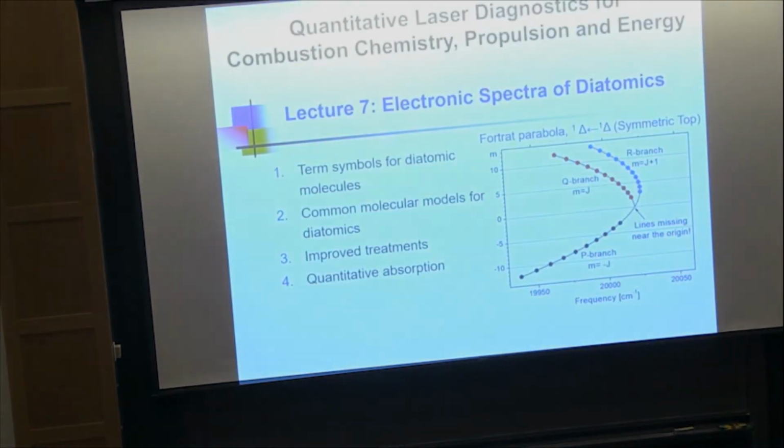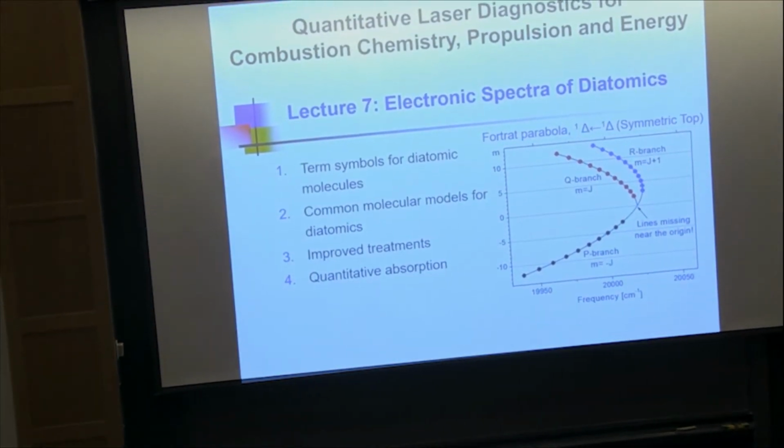If you had to calculate one of these line strengths, the picture on the right is a plot called a Fortrat plot, where we use M to represent J. So M is J plus 1 on the R branch, and M is minus J on the P branch. So this is a plot of J, really, versus frequency, and the positions of the lines.